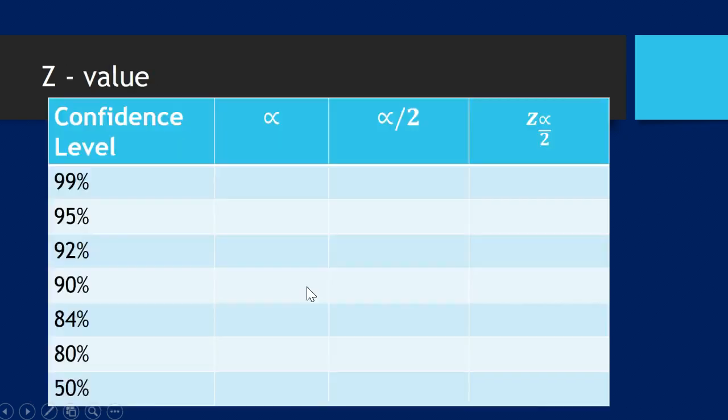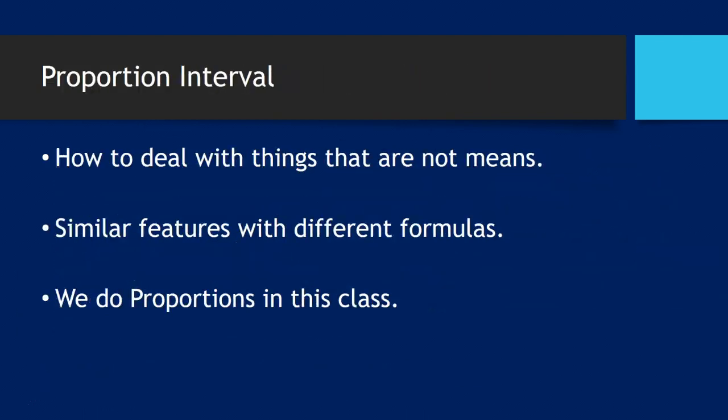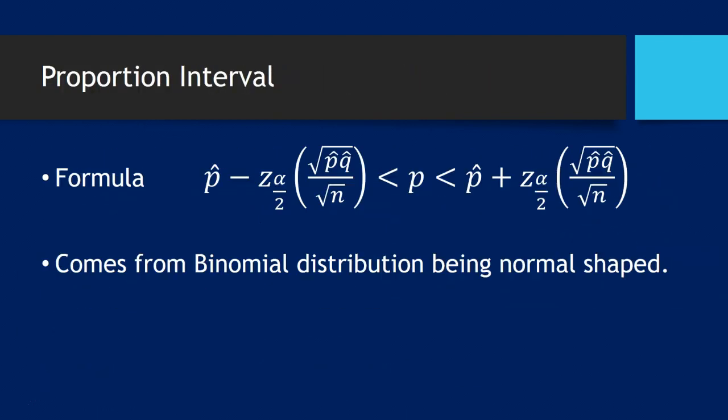The other interval we used was the proportion interval. And in the proportion interval, this piece right here is our margin of error. So we have our point estimate, which is our sample proportion, and we're adding and subtracting a little bit of error. This thing is the error, so that's what we'll be using.